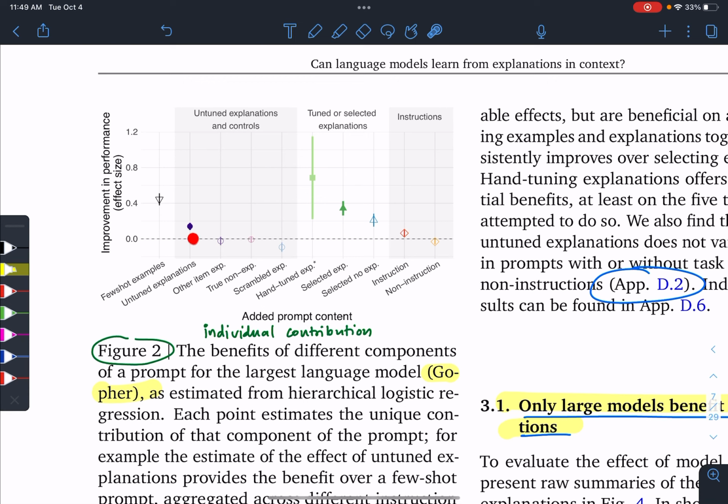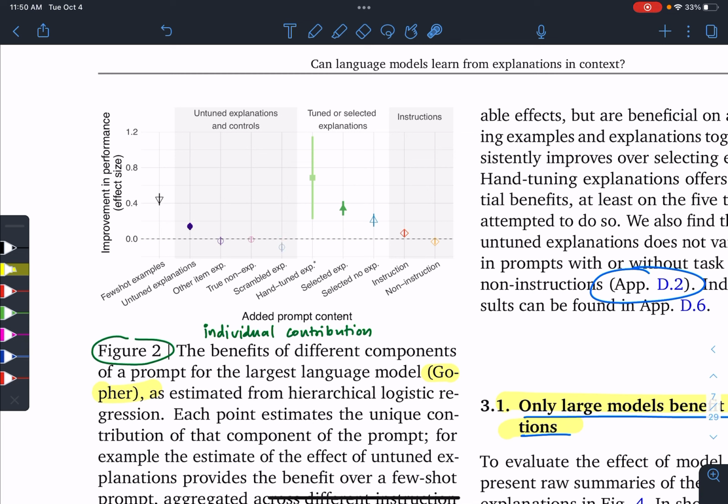This is with and without instruction, an average of these two settings. That's the performance here. If you look here, the other conditioned explanations, other than the other item explanation, either give little improvement or deteriorate the performance.